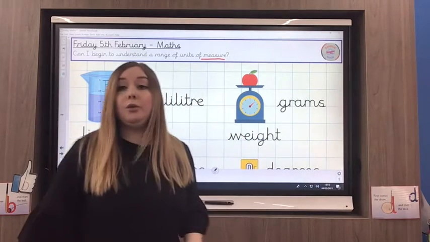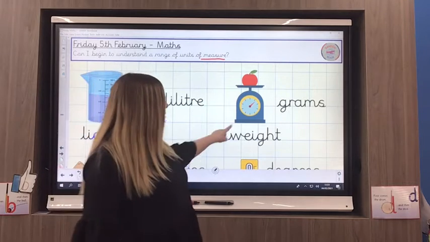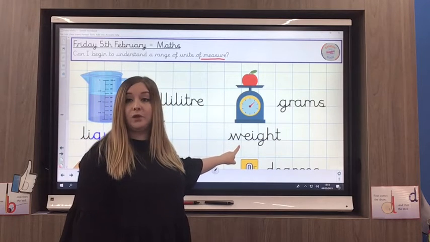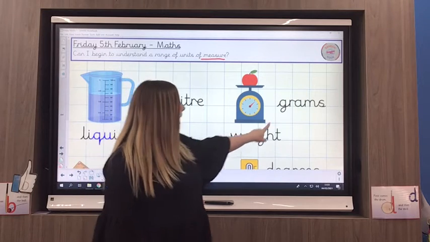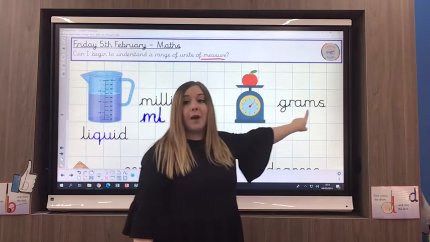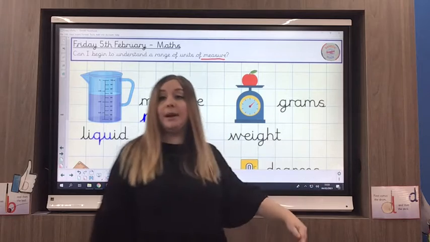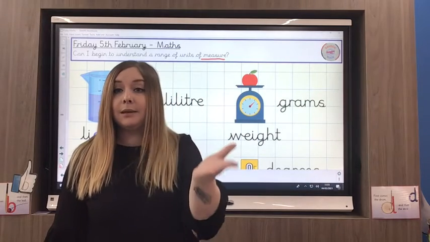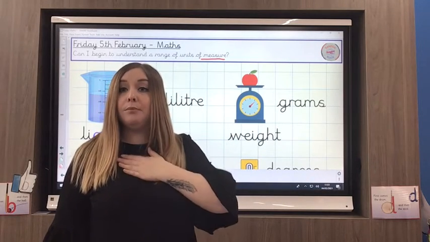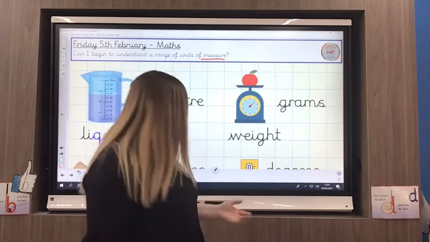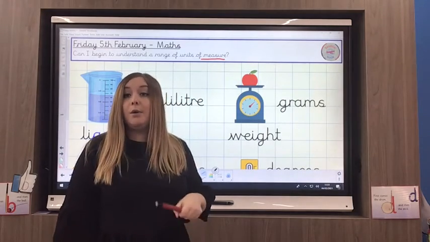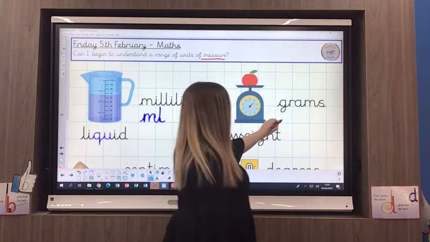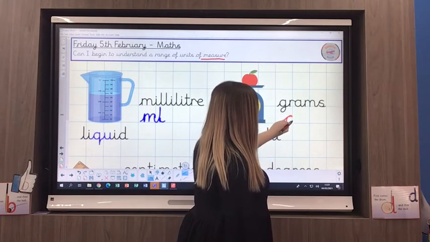Now another unit of measure, if we wanted to find out the weight of something, so how heavy something is, by using grams. Okay, so say that one after me, grams. Grams. Brilliant, well done. Now that one's a little bit easier to read, but we often see it written like this.